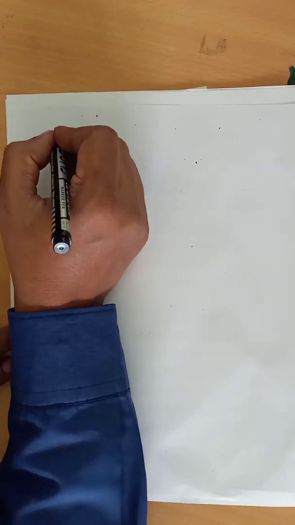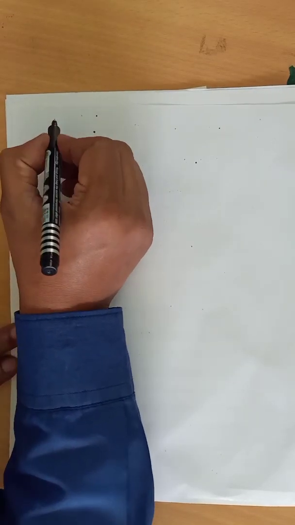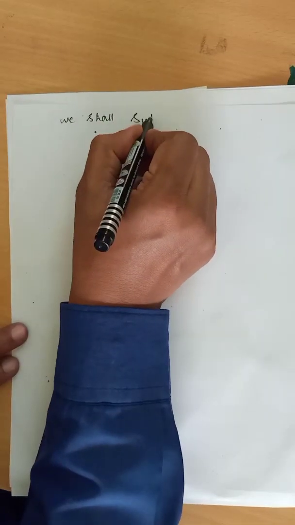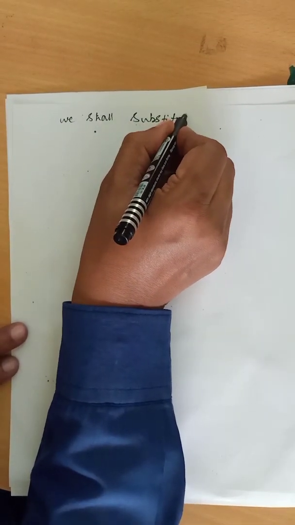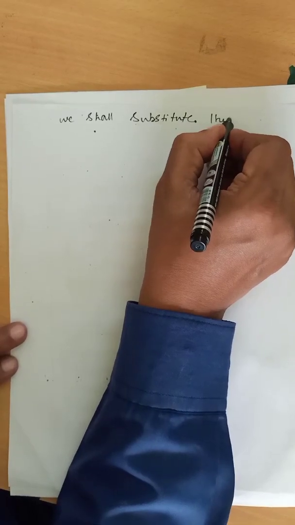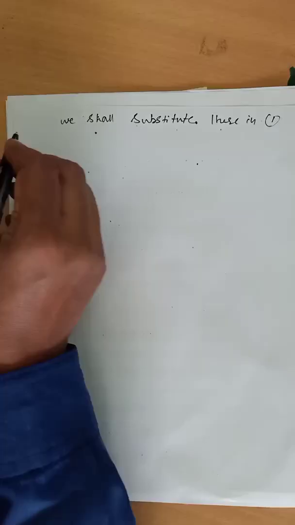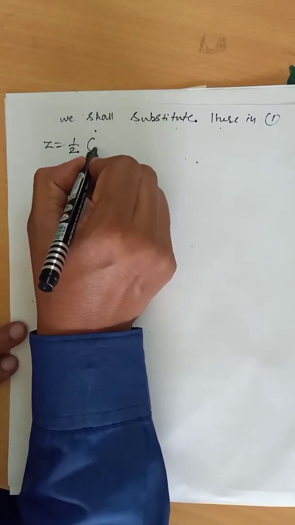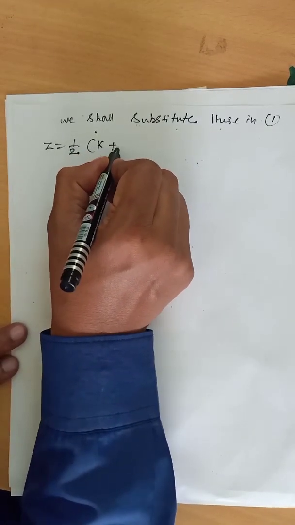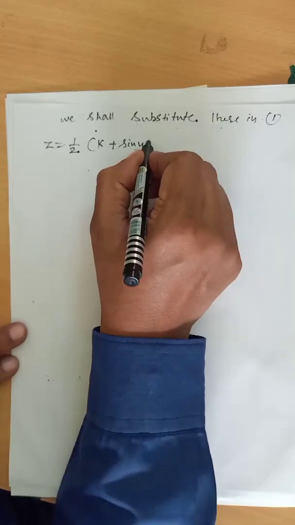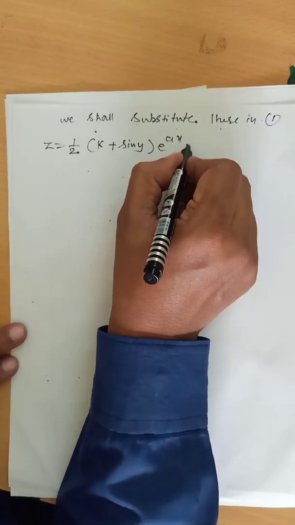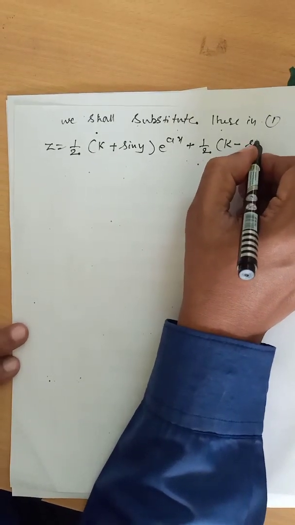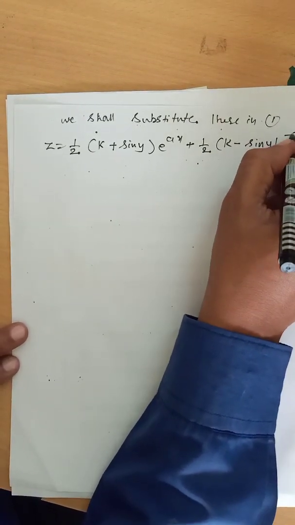Next, we substitute these in equation 1, that is z = 1/2 (k + sin y) e^(ax) + 1/2 (k − sin y) e^(−ax).